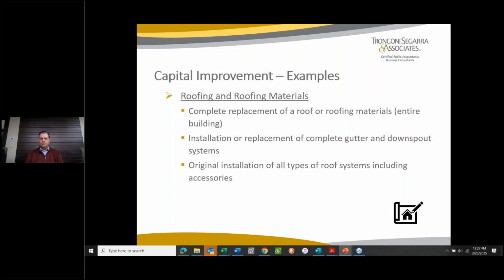And unfortunately, there's not really anything that defines the extent between what is a repair and what is a capital improvement. So sometimes it depends on the amount of work that went into the job. Perhaps the dollar amount could also be considered. Unfortunately, there's not really one right answer there. Okay. I think it could go either way. Yeah, there's a lot of cases like that where it might depend on the auditor or the extent of the work being done, whether it would be considered a capital improvement or not.